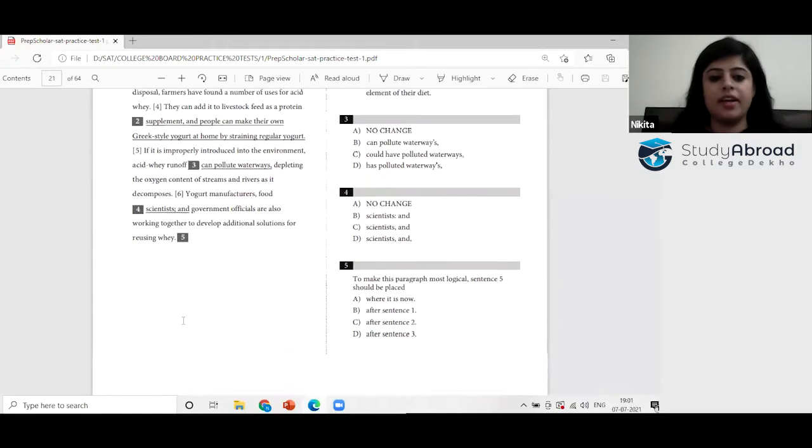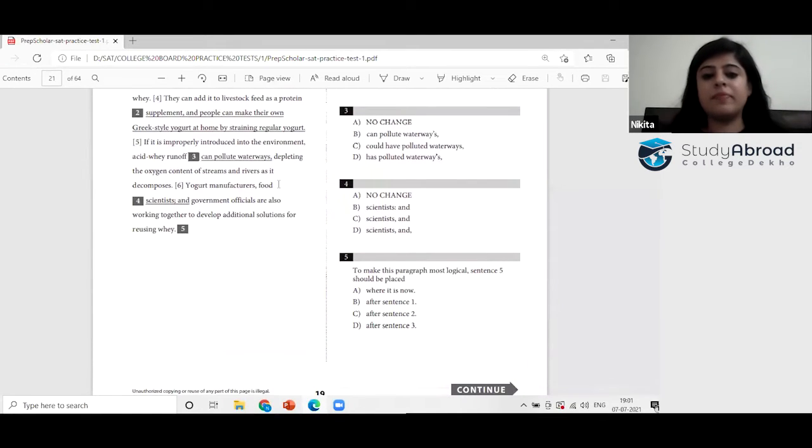Alright, moving further, yogurt manufacturers, food scientists, and government officials are also working. Earlier, we just read that farmers are working upon coming up with ways. Now they are concluding this particular paragraph on the thought that yogurt manufacturers, food scientists, and government officials are also working together to develop additional solutions for reusing waste.